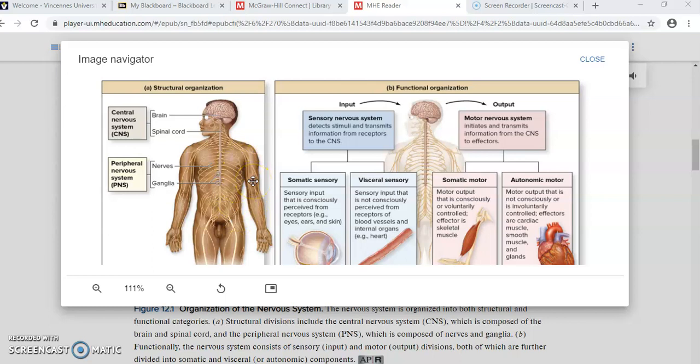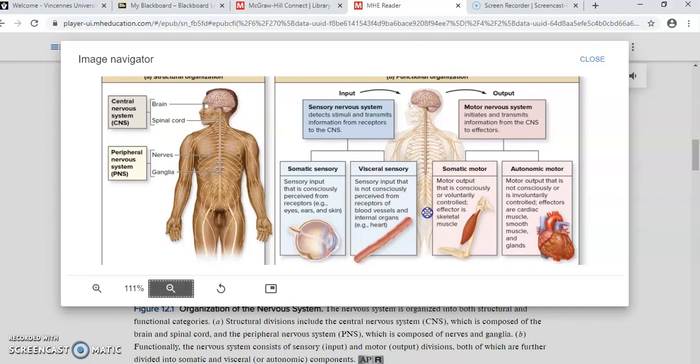They say peripheral because it's more out from the center, more the periphery of the body. We'll talk about ganglion a little bit later in some other learning objectives. But those are the two main structural components or divisions that we use to describe the different parts of our nervous system.